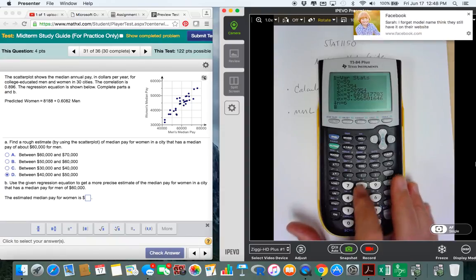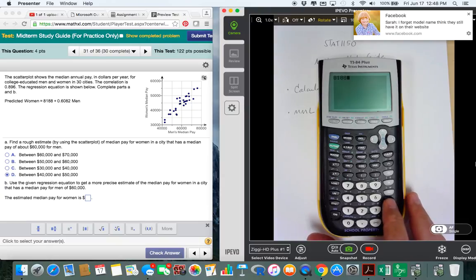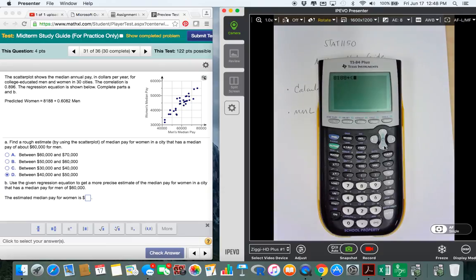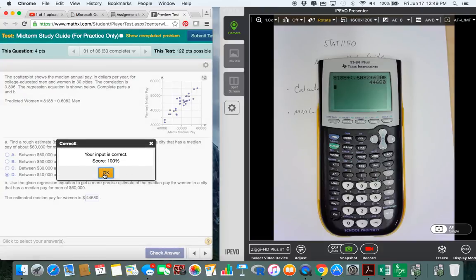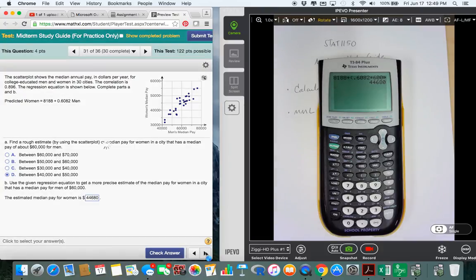So I want 8188 plus 0.6082 times 60,000 to get the estimate. So 44,680 would be the approximation there.